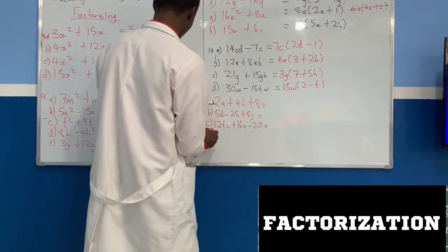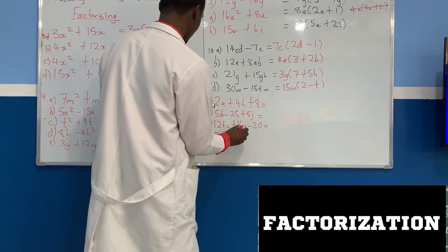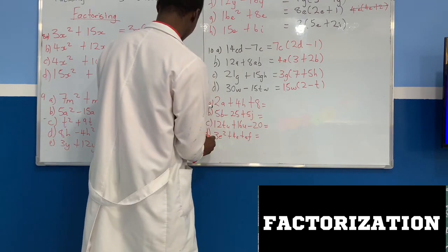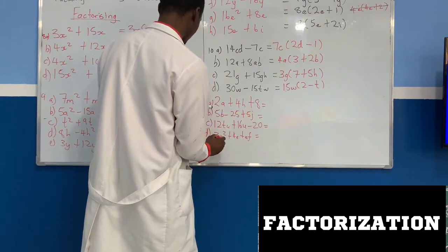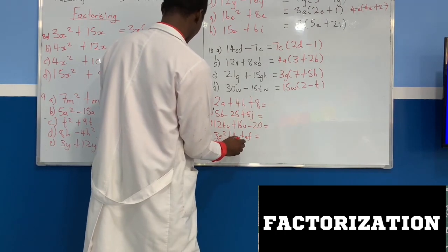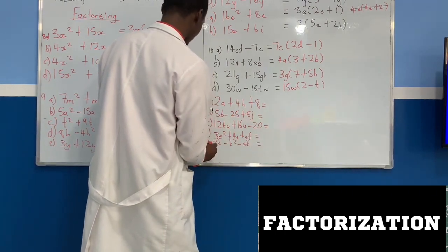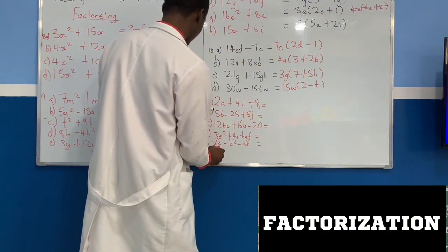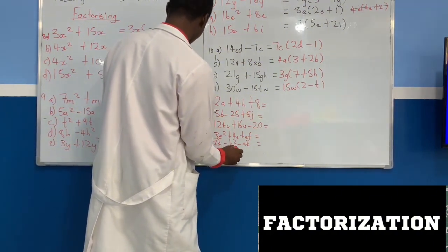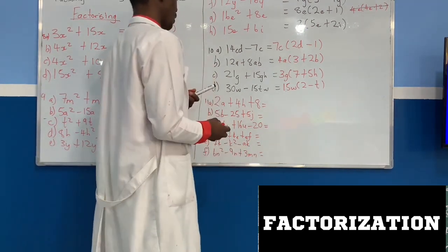Okay, then for D, it was 3e squared plus 4e plus ef. And E, 7k minus k squared minus ak. And then the last one was 6n squared minus 9n minus 3mn. We'll go to the solutions now.